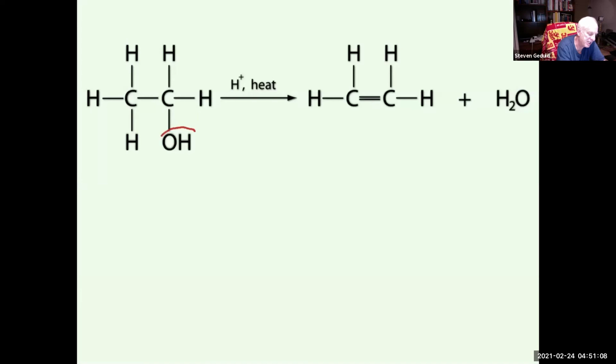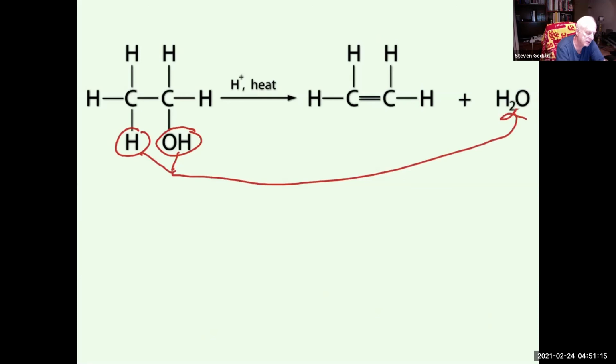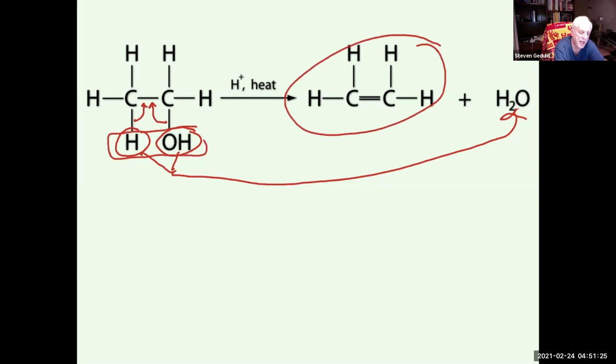So you get a dehydration reaction. You're getting rid of H and OH to form water. The electrons that are left swing up in here to form your double bond. So the dehydration reaction of ethanol produces ethene.